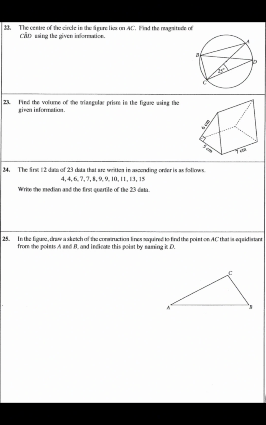24th question. The first 12 data of 23 data that are written in ascending order is as follows. The numbers are there. Then write the median and the first quartile of 23 data. I'll take this one as M, this one just Q. Data have 23. This is N, where N is 23.